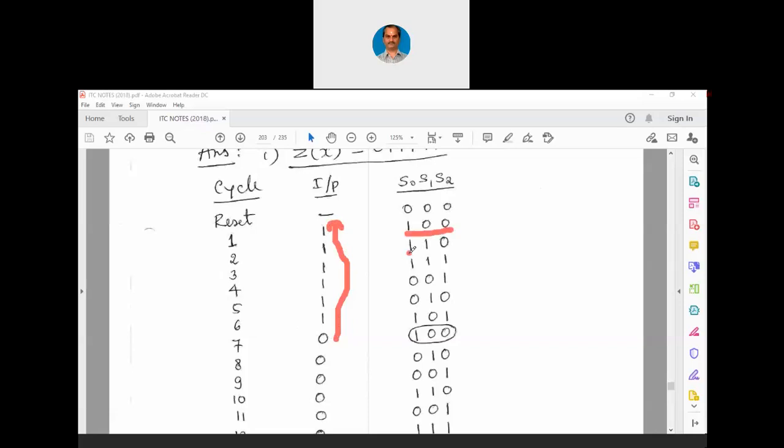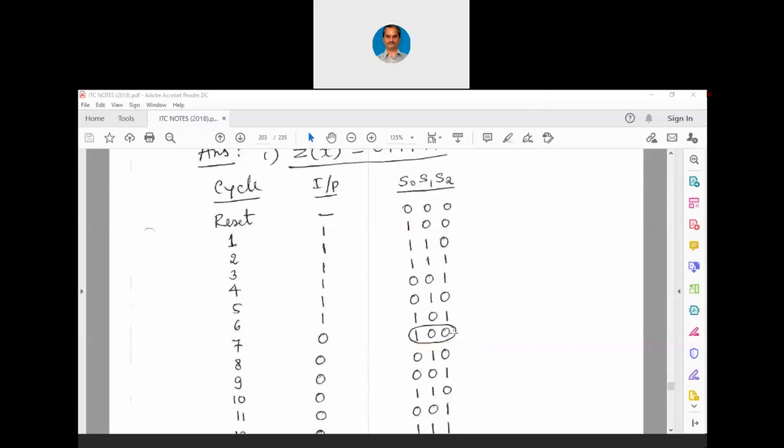Then because of those XOR gates we have 1 1 0 1 1 1, like that it goes on. Let me stop annotating. Now, after the 7 clock pulses, we have this syndrome now, that is 1 0 0. It is already highlighted here. We have the syndrome now 1 0 0.